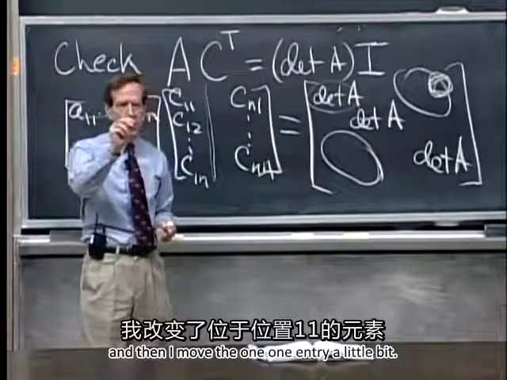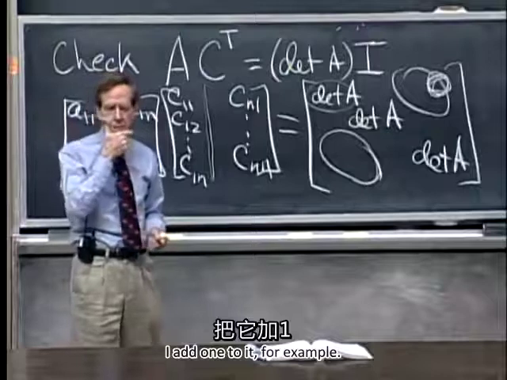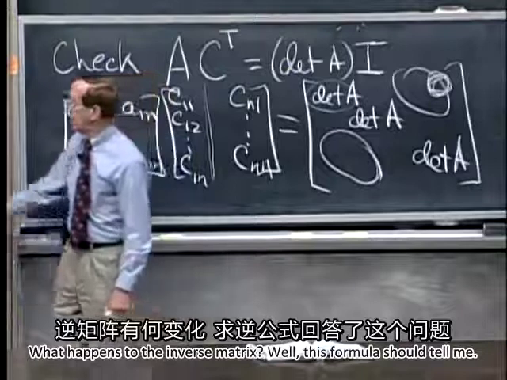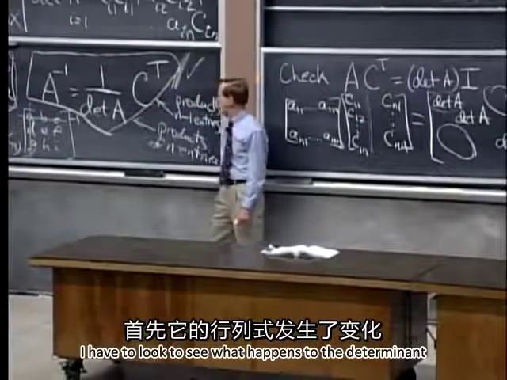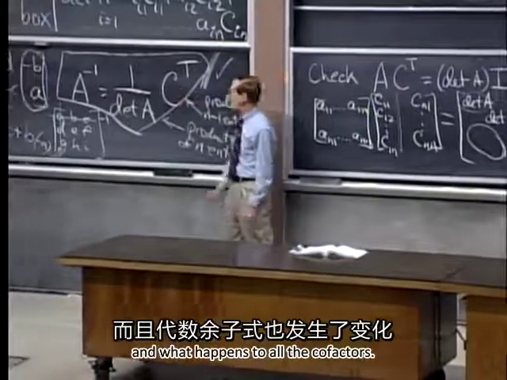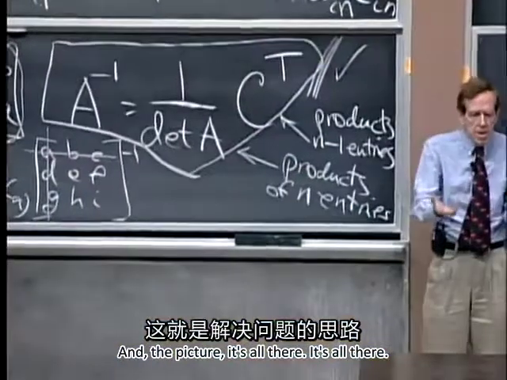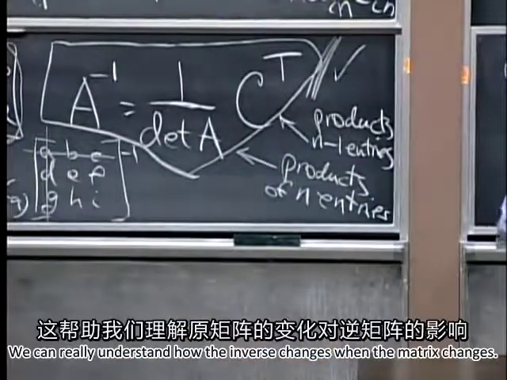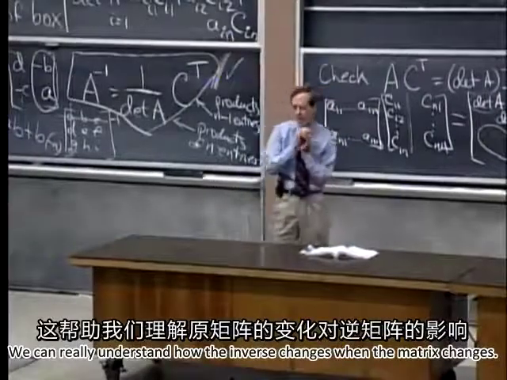And then I move the 1, 1 entry a little bit, I add 1 to it, for example. What happens to the inverse matrix? Well, this formula should tell me. I have to look at what happens to the determinant and to all the cofactors. It's all there. We can really understand how the inverse changes when the matrix changes.